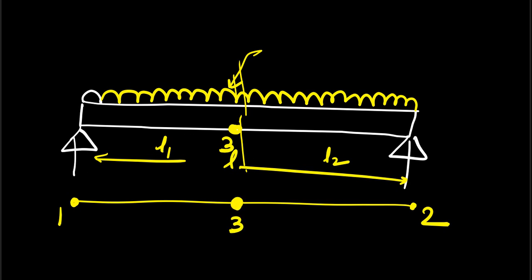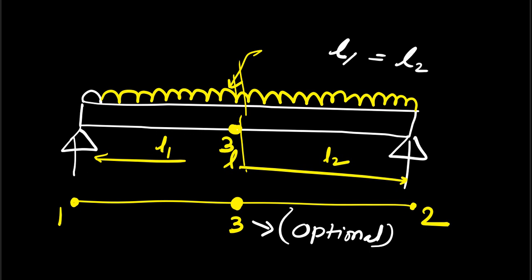In this case, node 3 becomes optional because it's a beam with a uniformly distributed load throughout the length, and the length is divided into equal parts, where L1 is equal to L2. In that case, we have divided, and node 3 becomes optional in this case also.